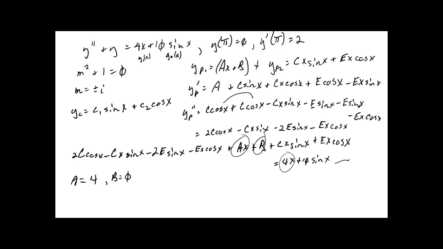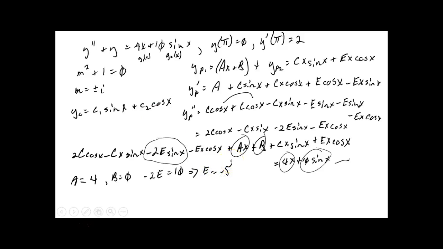All right. Now, your sine x terms, okay? That would be this one. And I think that's all, isn't it? So we've got minus 2E is equal to 10, don't we? So guess what E is? E is equal to negative 5.